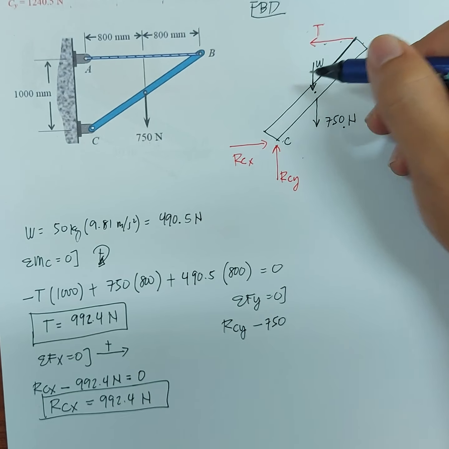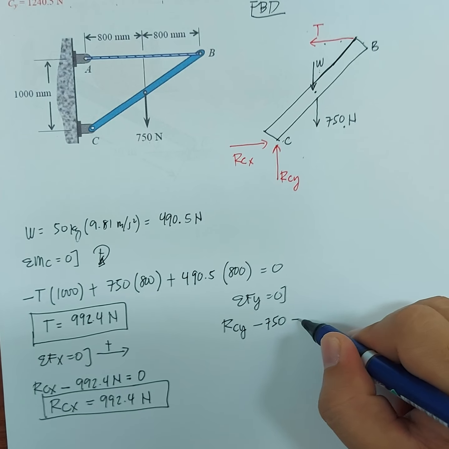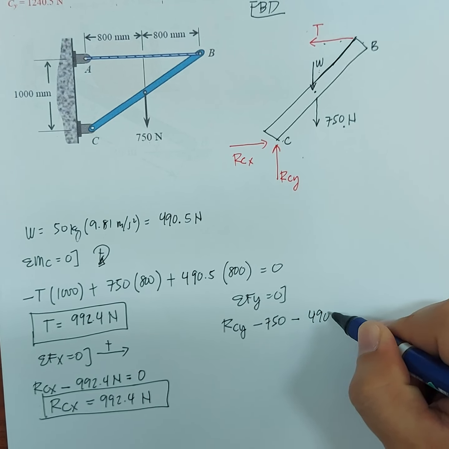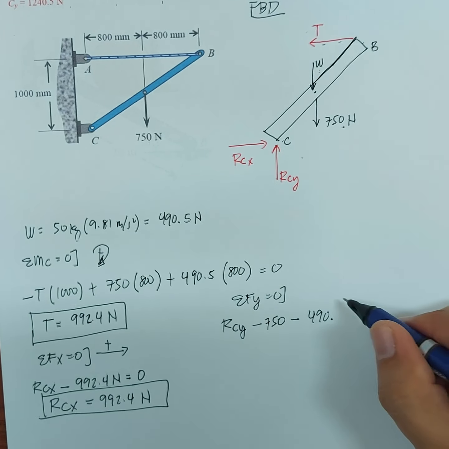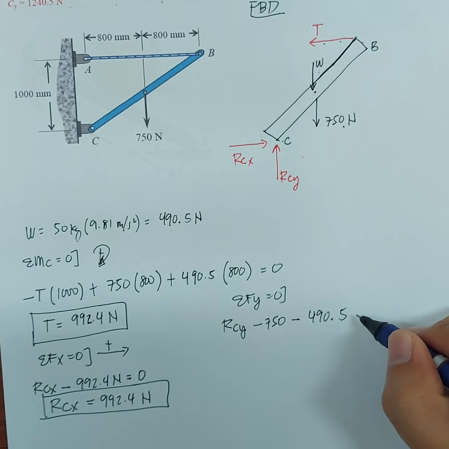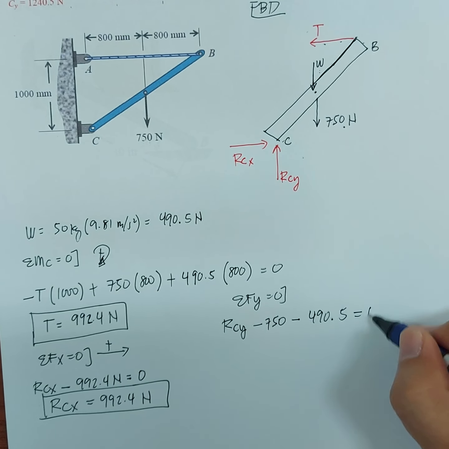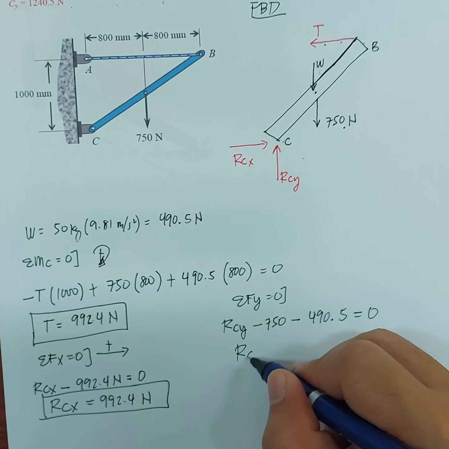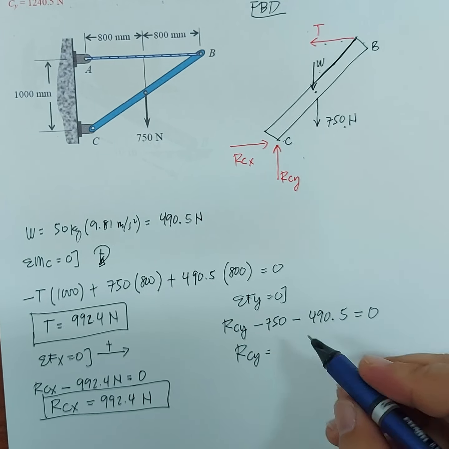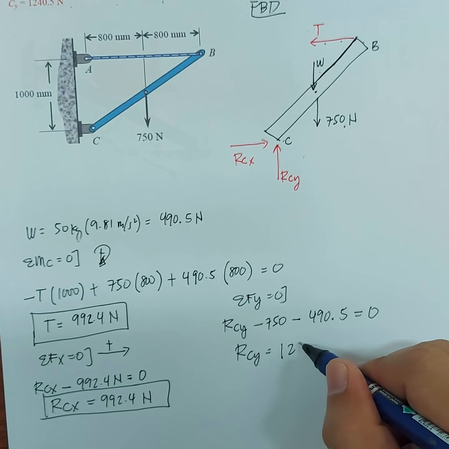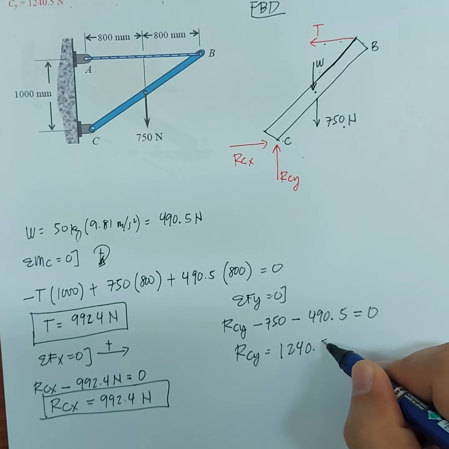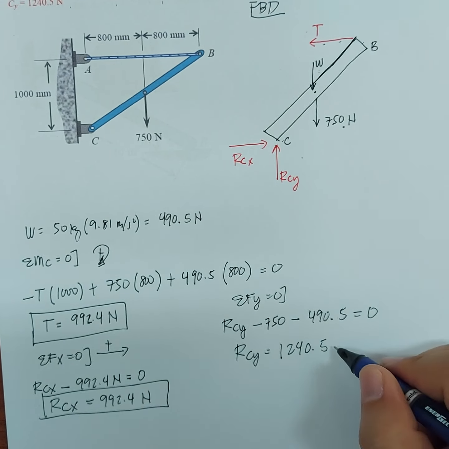We also have the weight, which is also downwards, so minus weight is 490.5. Wala nang ibang vertical forces. So equate that to 0, so we can now solve for RCY, which is equal to 1240.5 newtons.